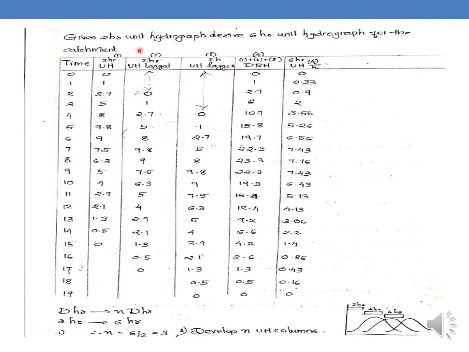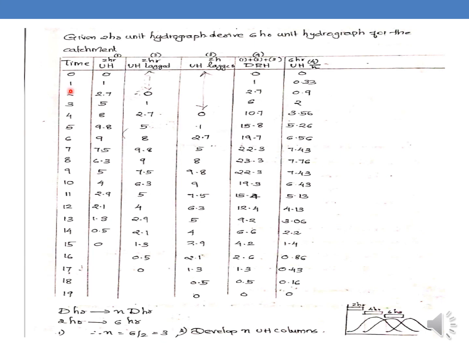See here, given a 2-hour unit hydrograph, derive a 6-hour unit hydrograph for a given catchment area. Here the 2-hour unit hydrograph is given, and you are asked to find a 6-hour unit hydrograph. That means the small n value will be 3.